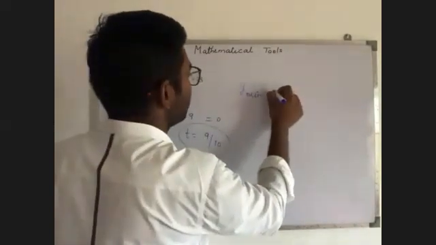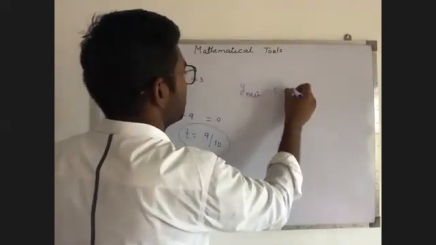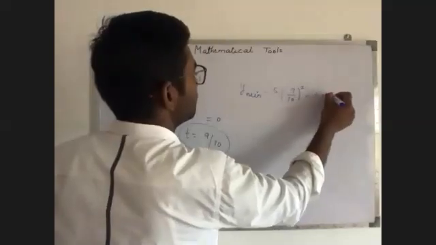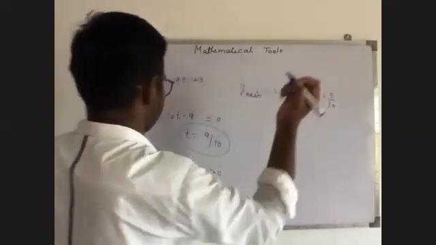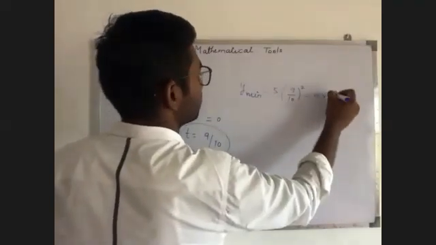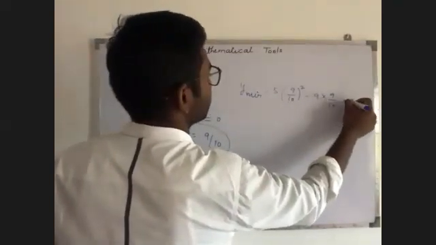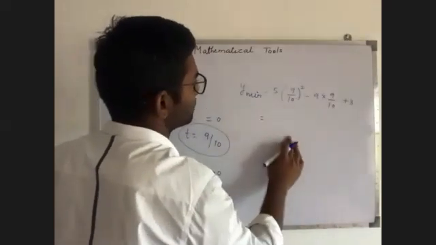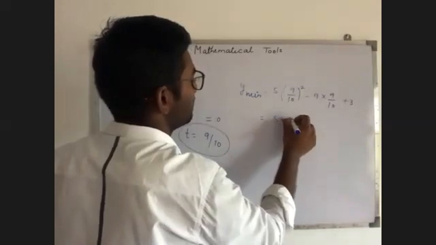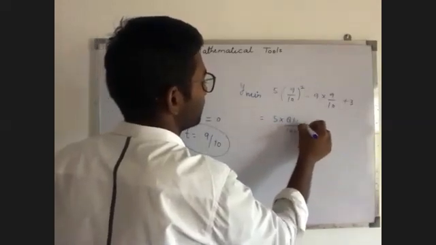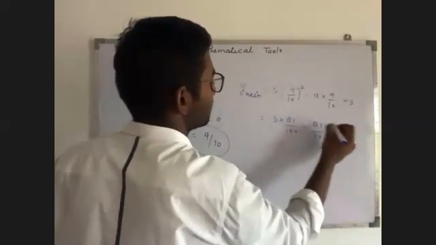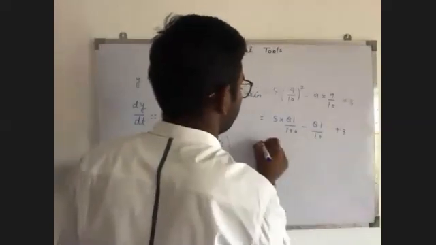So it is going to be 5 into 9 by 10 whole square minus 9 into 9 by 10 plus 3. So if you look, this is going to be 5 into 81 by 100 minus 81 by 10 plus 3.